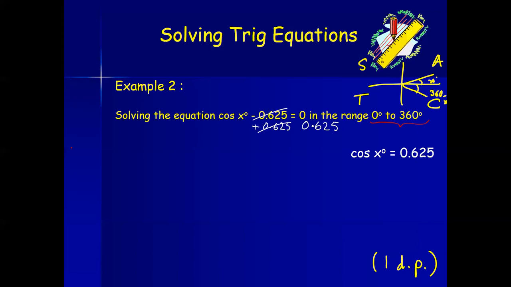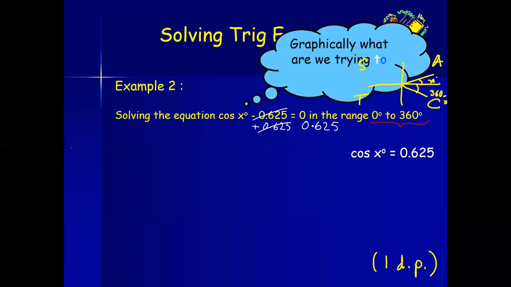And that fourth quadrant we said was 360 take away my angle. So what did you find for the first angle? Shift cos 0.625. 51.32, or 51.3. As long as you state how many decimals you've rounded to, then I'm happy.